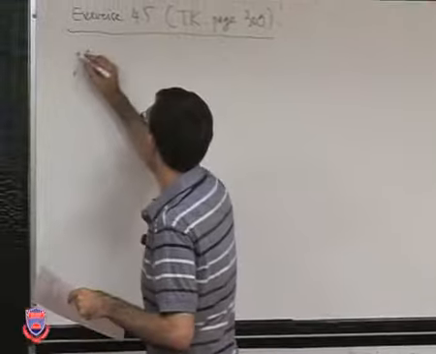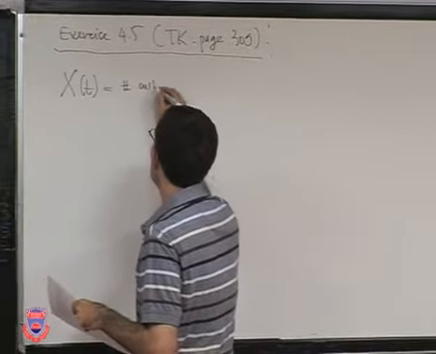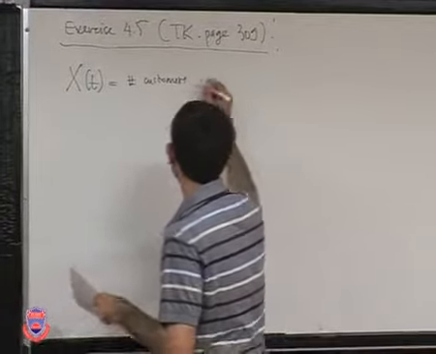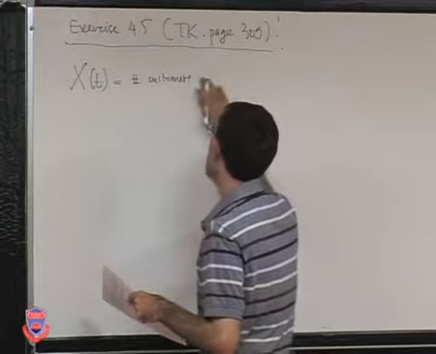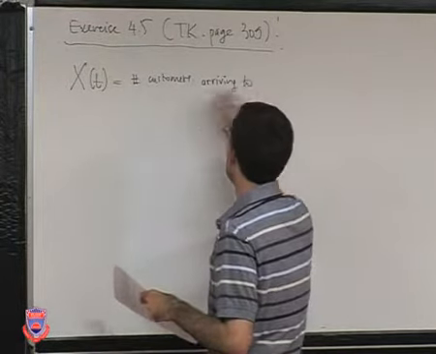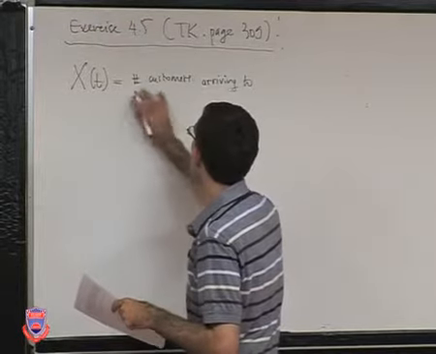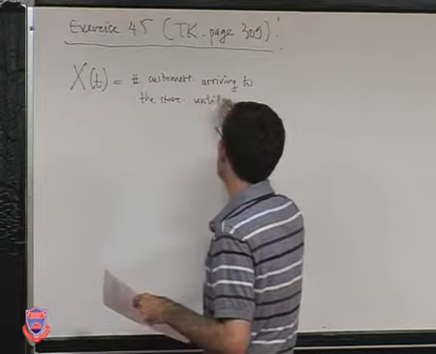So, let's again denote by Xt the number of customers arriving to the store until time t.